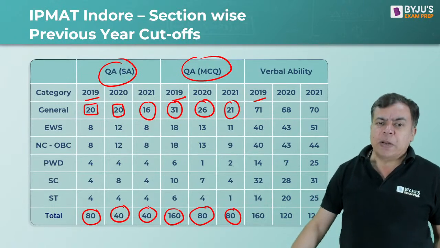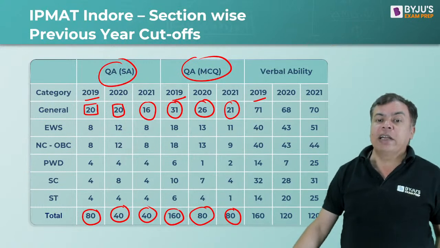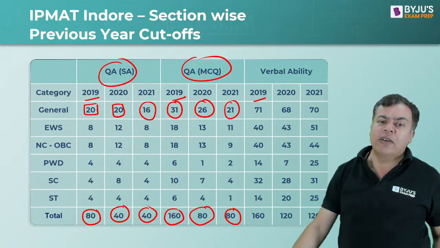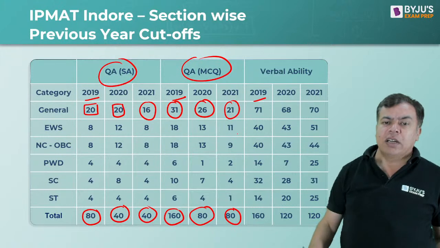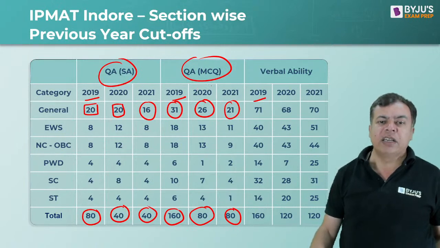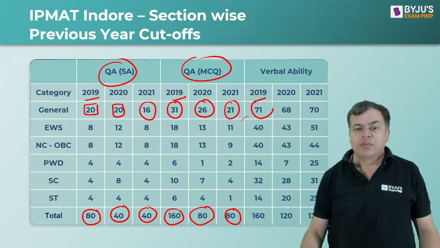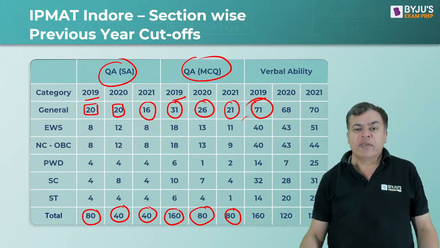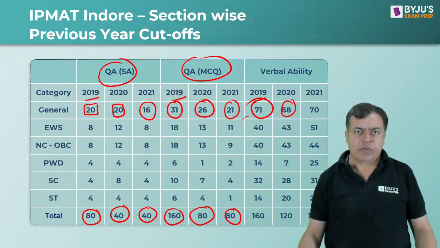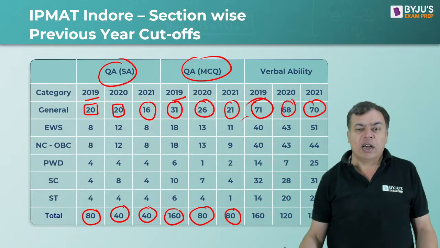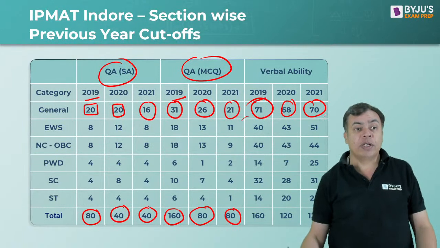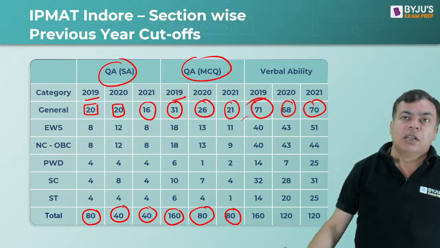Now you can see this pattern, but in verbal ability it is slightly on a higher side, that is it is always 50 to 60%, right? Okay, so 2019 it was less than that, 40-45%, right? 71 score, that was cut off. But then 2021 out of 120 you can think of 68, that is close to 58% or something. Okay, 70, again it was 70 out of 120, this is close to 60%, right?